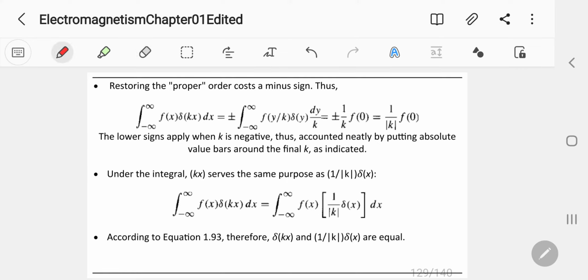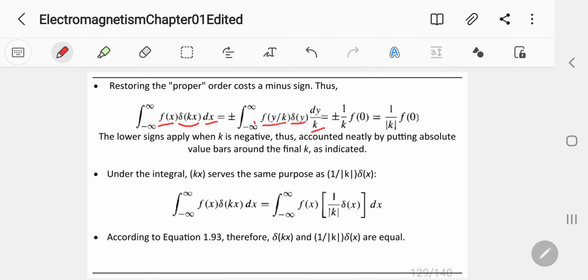So if we have this one, we change the variables to y, so this one will become your delta y, and your dx will become dy over k, and then of course your f of x will become this one.